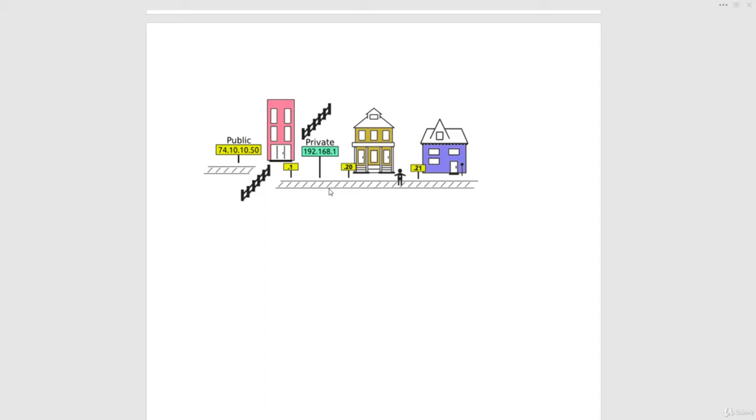Basically it will ask which node or which computer has this IP address, and say send me your MAC address if anyone has this IP address. The node that has that IP address will respond to that request, and the others will simply ignore it.